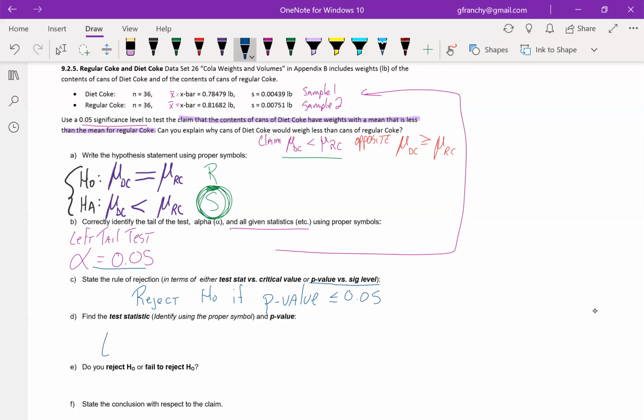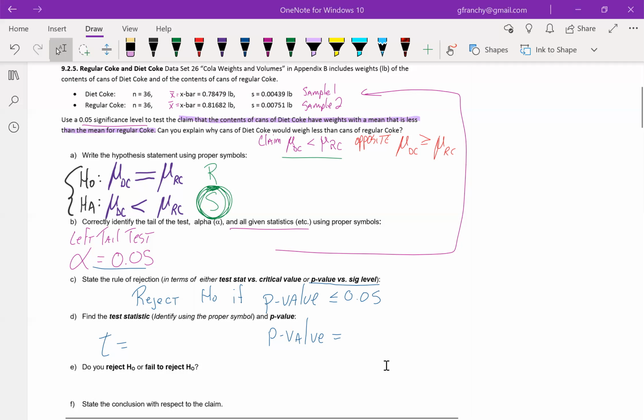So our test statistic is going to be t, and if you don't know that it's going to be t ahead of time, StatDisk will be nice enough to tell you that. I happen to know it's going to be a t ahead of time.